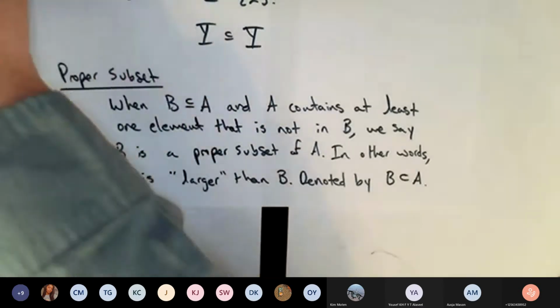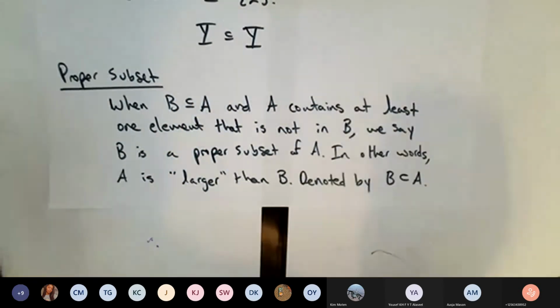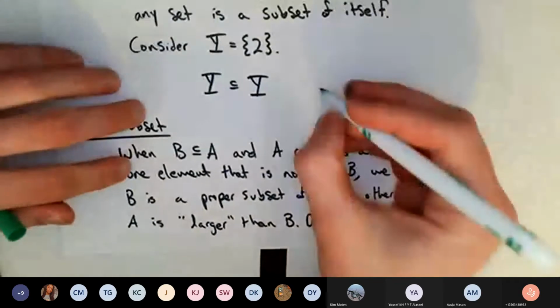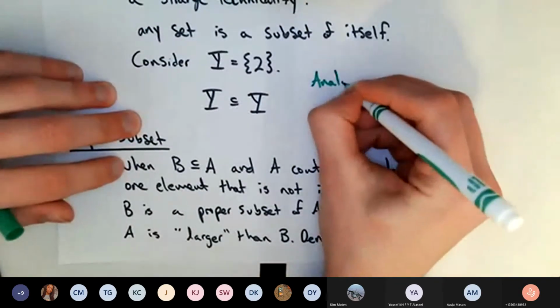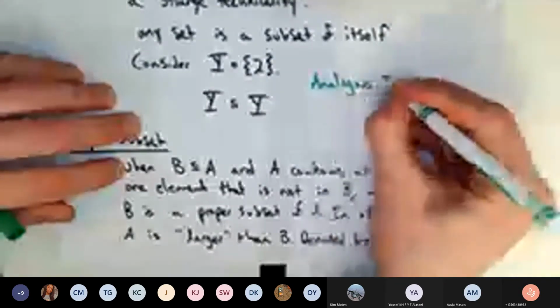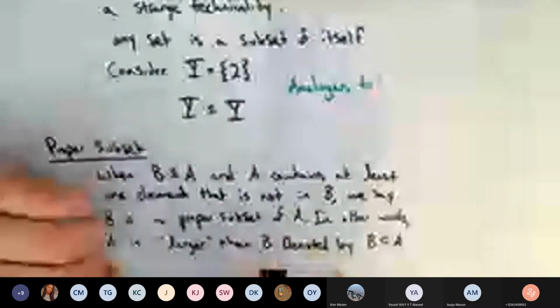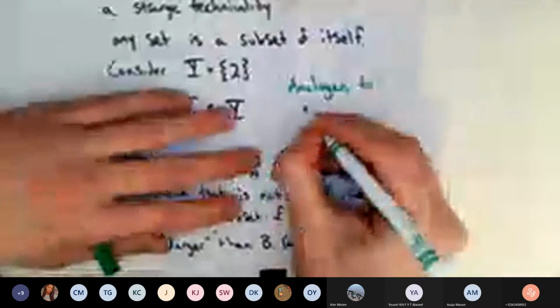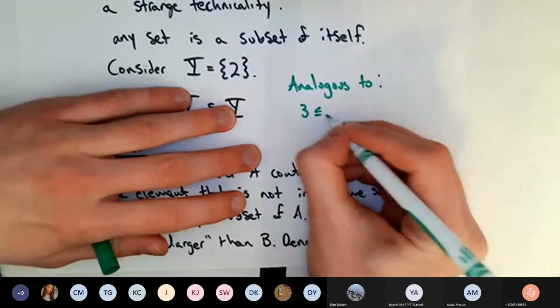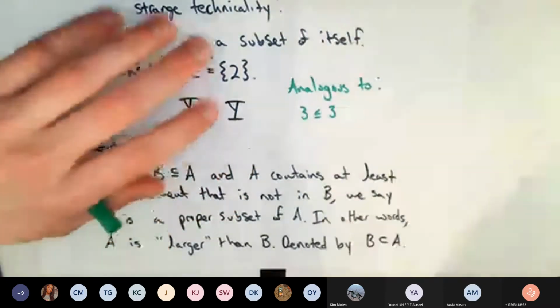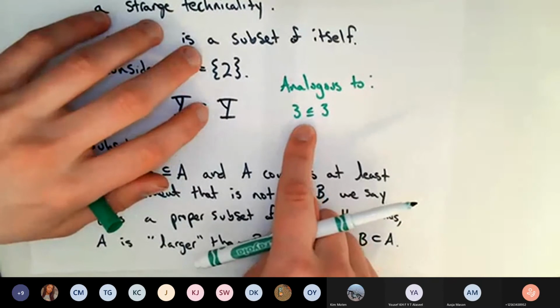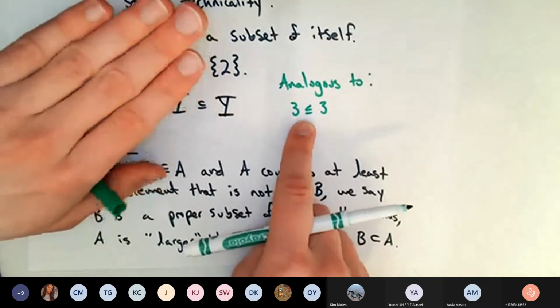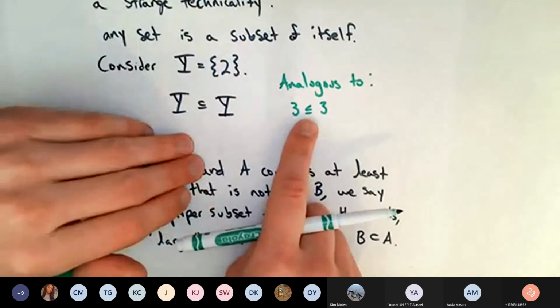It's very similar, and there's an analogy, especially with the symbols. It's analogous to this idea: if I'm comparing numbers, not sets, I can say 3 is less than or equal to 3. That symbol allows for that. It's weird, but technically it's right because of the or equal to.